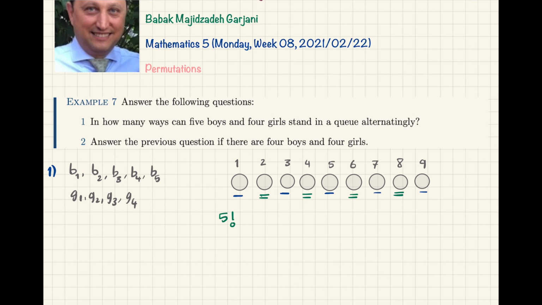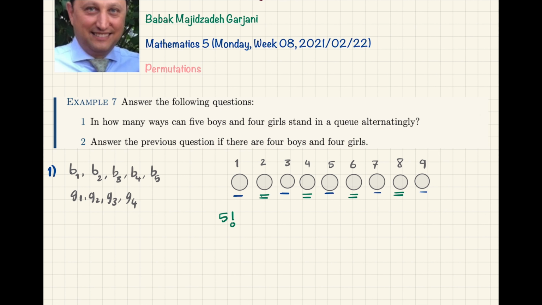Assume that stage 1 is done, meaning that I have arranged the boys in the odd positions. After this is done, I am left with even positions. There are 4 distinct positions labeled with distinct even numbers, and I have 4 distinct objects.